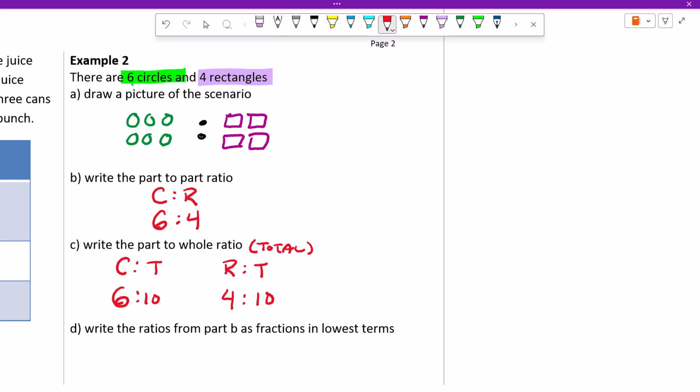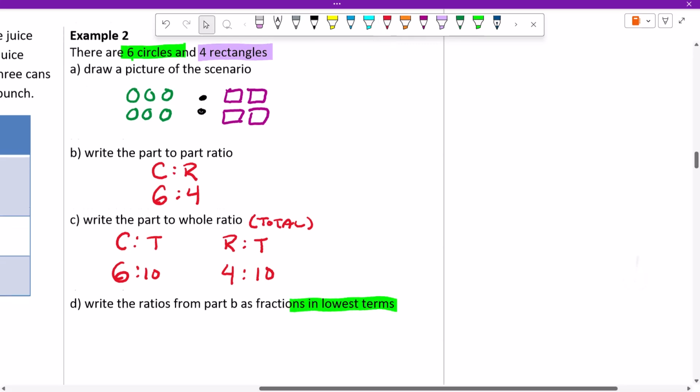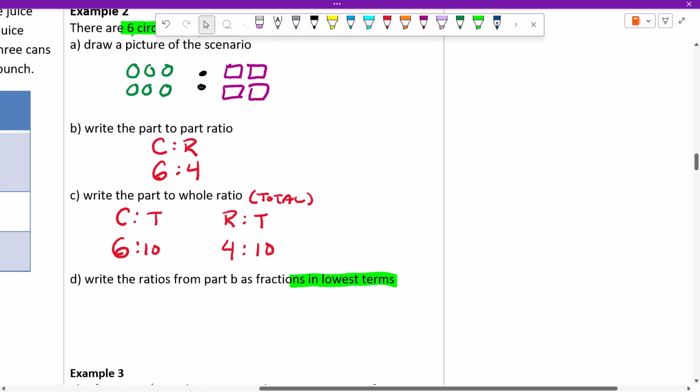All right. Now, just like fractions, ratios can be reduced to lowest terms. So look at part B. We had this ratio, 6 to 4, comparing circles to rectangles. This comparison is bigger than it needs to be.